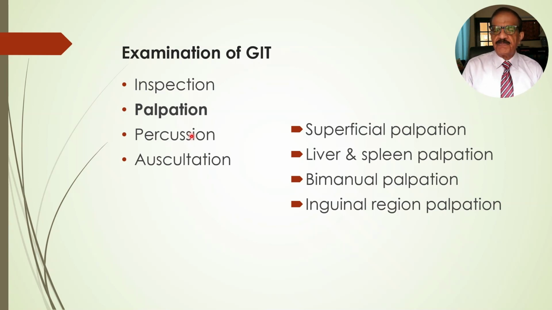For example, this technique would mean that you inspect from the front, from the side, from the back, and then you palpate from the front, from the side, from the back. But for the sake of convenience, you could do inspection and palpation at the front when the patient is lying down, and then you ask the patient to sit up, and then you do inspection and palpation from the back at the same time. So depending upon the situation, you could adopt accordingly.